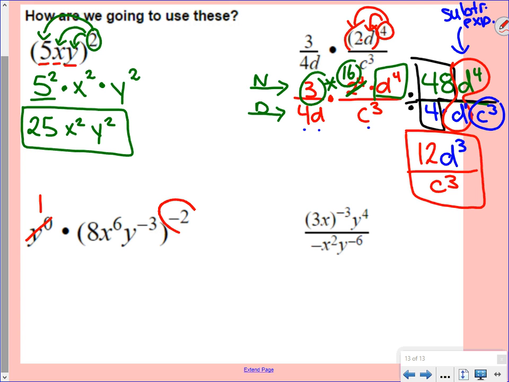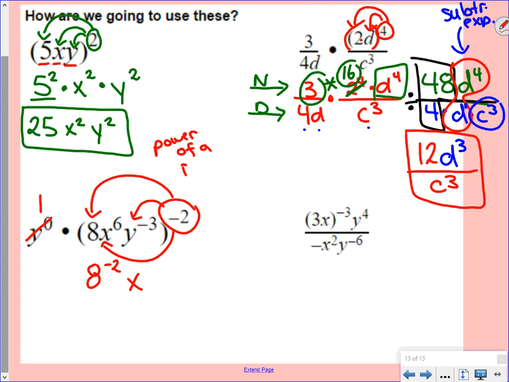We have a power that we can distribute to our 3 different bases. So first we give it 8 to the negative 2nd power, x to the 6th power taken to the negative 2nd power. It's a power of a power, which means we are going to multiply the exponents.